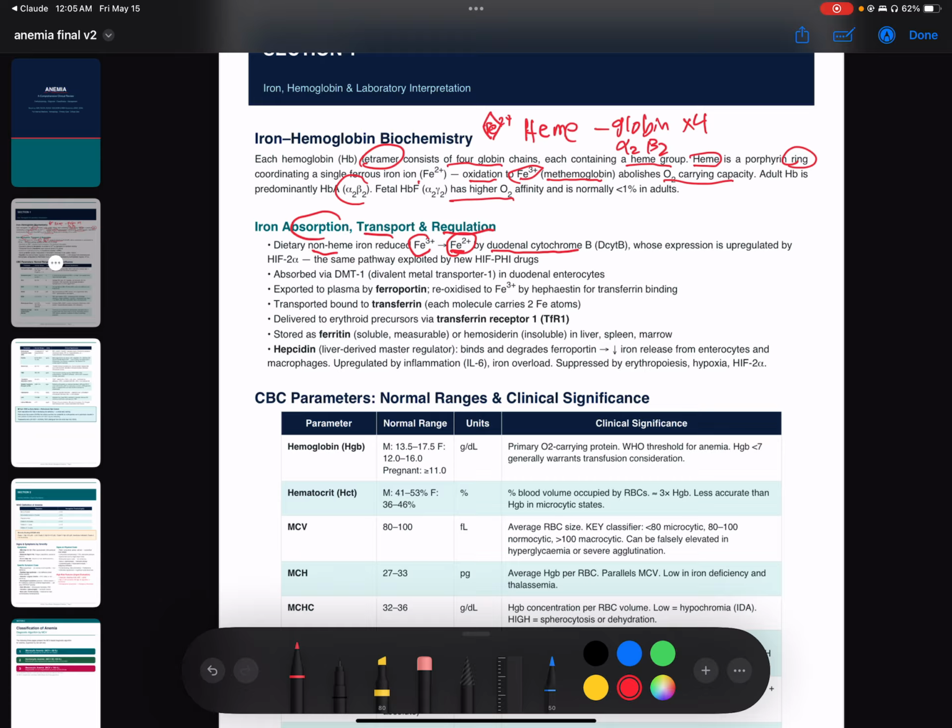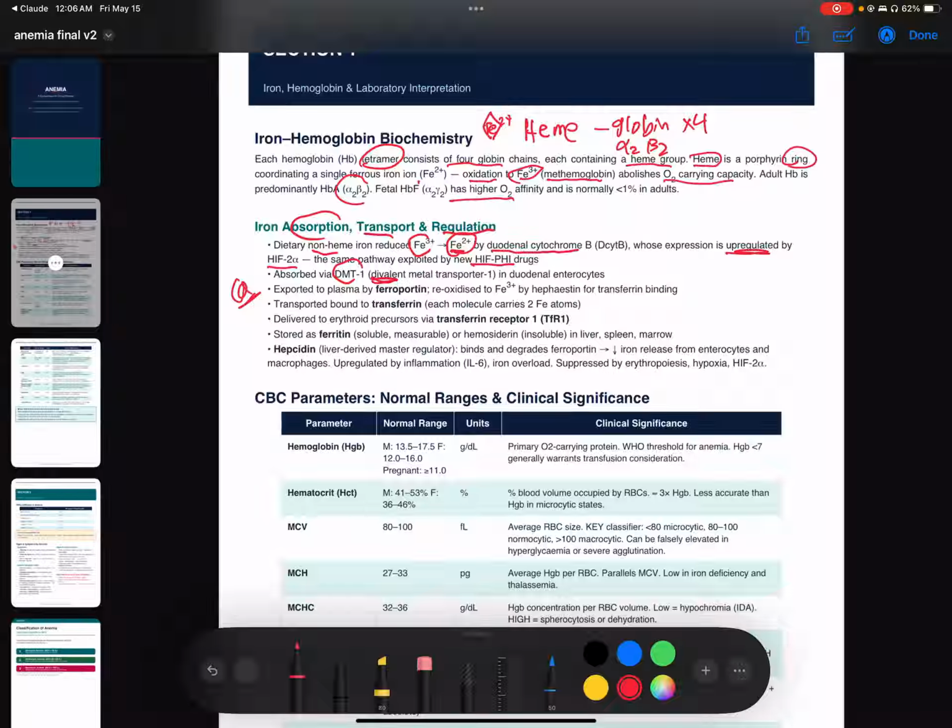And this part of the pathway can be upregulated by HIF2 alpha, which we'll talk about differently in a different situation, but sometimes we use drugs that can affect this pathway in CKD patients. So again, it's absorbed by divalent metal transporters. So any other divalent metal, like calcium, if there's calcium with the iron, sometimes the calcium can decrease the absorption of iron because it works through the divalent metal transporter as well.